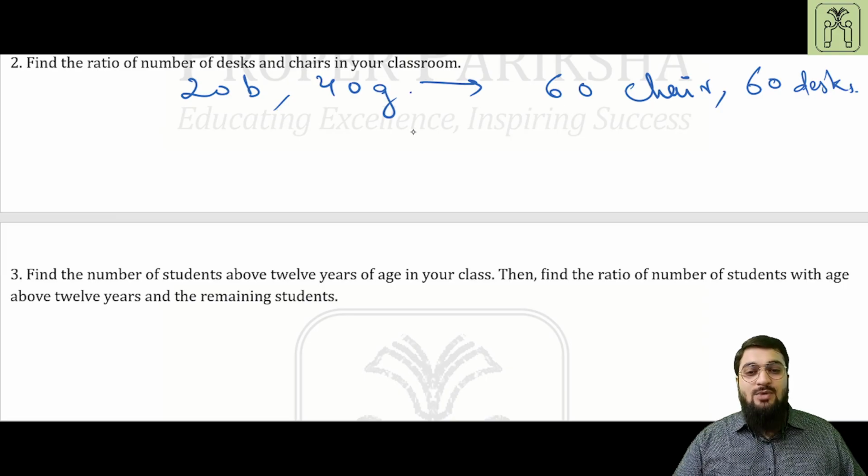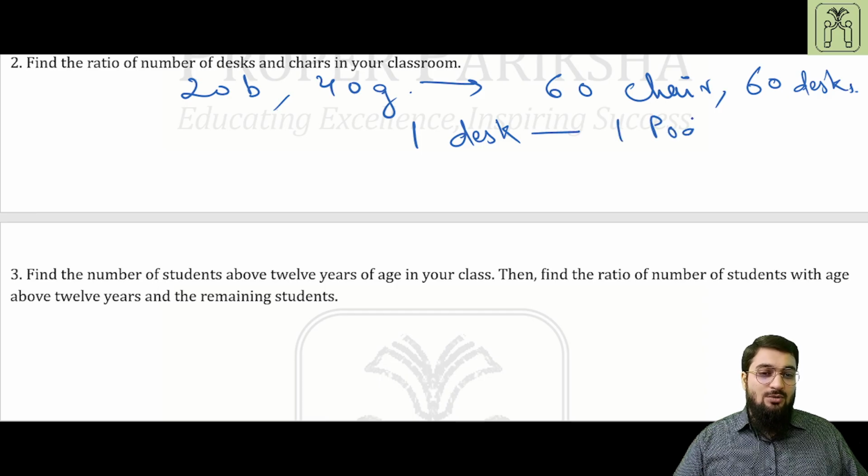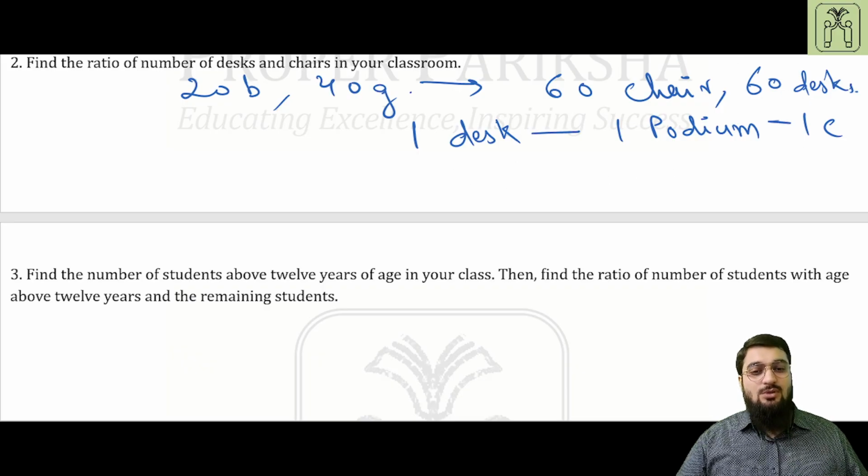Then there is one desk that is always there as a spare for the teacher. Then there is one podium on which the teacher puts his attendance register and takes the attendance. And there is one chair for the teacher. Okay, so this is the full depiction of a classroom, and now we will solve the question.